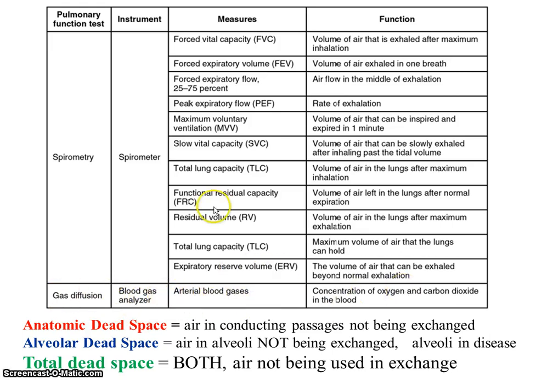So again, all these different terms we just went through, we generally abbreviate them, and here are, of course, their definitions, which you're going to see in lab and lecture. So we'll come back to this concept of anatomic dead space and alveolar dead space in the next video.